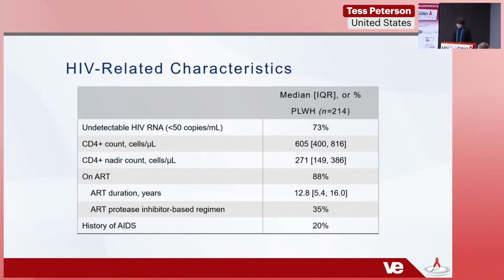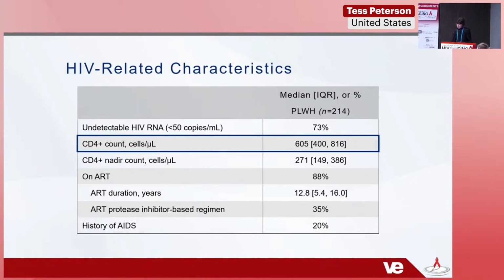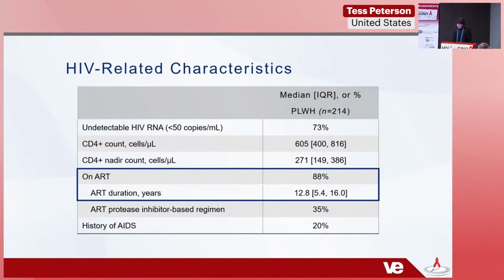Among people with HIV, 73% are undetectable, median CD4 count about 600, and 88% are on ART and have been on it for quite a long time.